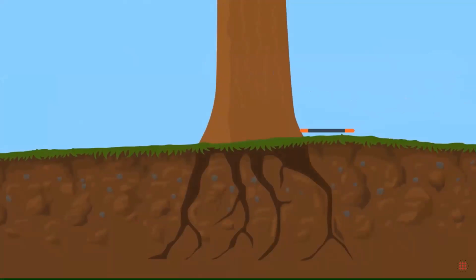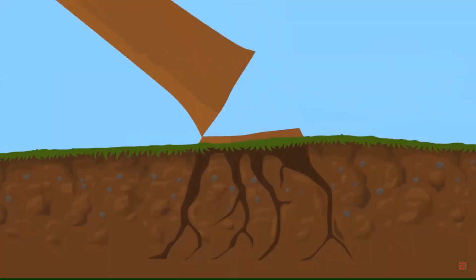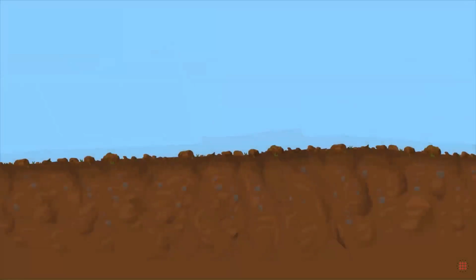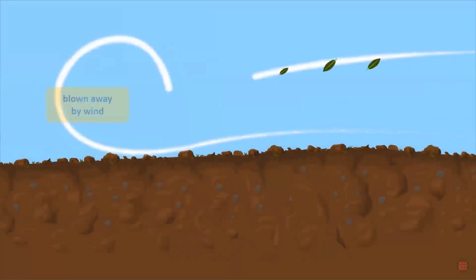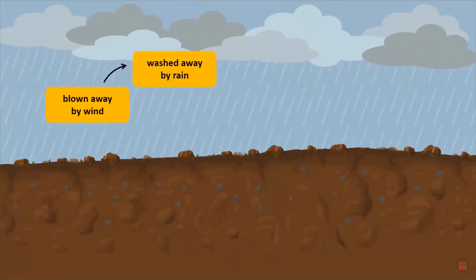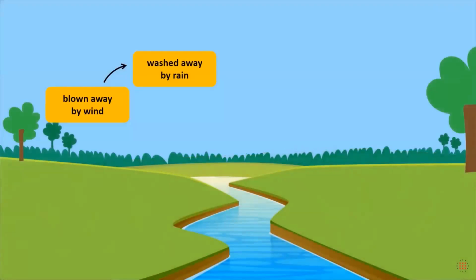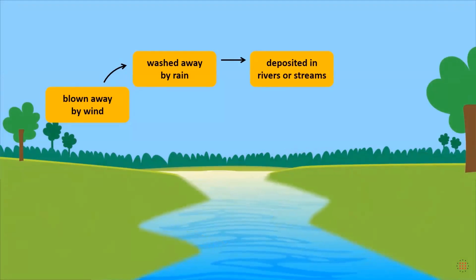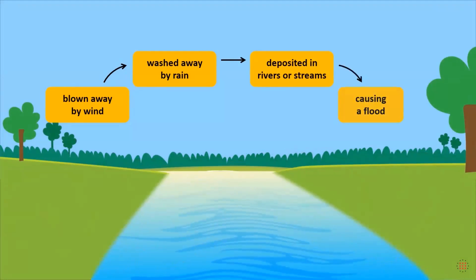When we remove the trees, the soil is exposed and often blown away by the wind or washed away by rain. The eroded soil is deposited in rivers and streams, blocking the flow of water. The water level in the rivers then rises rapidly, causing floods.